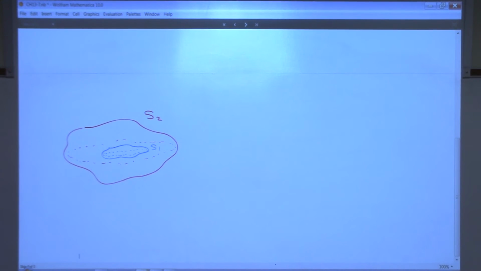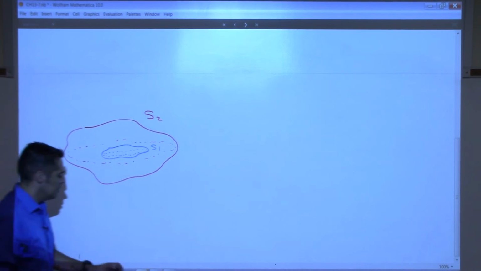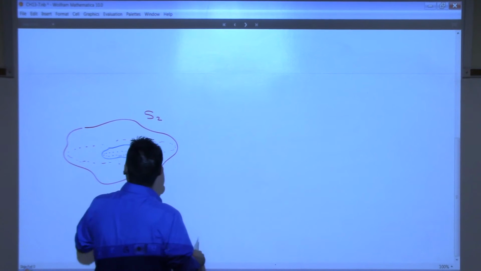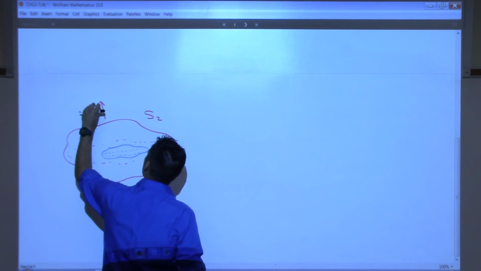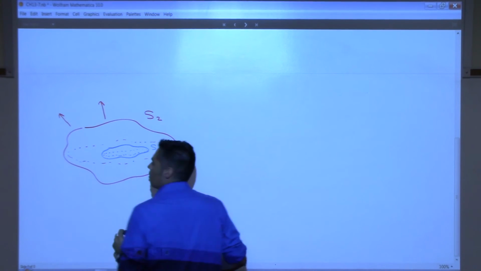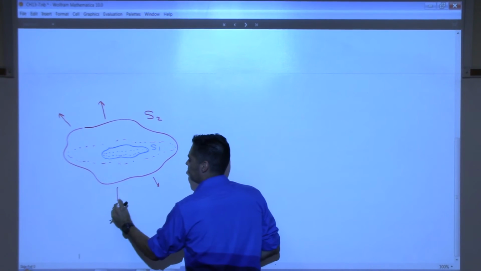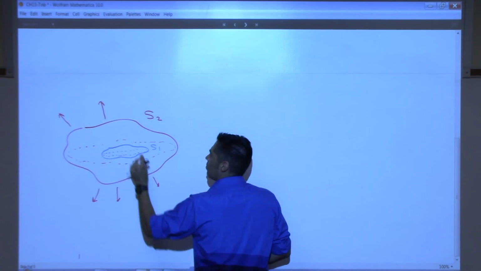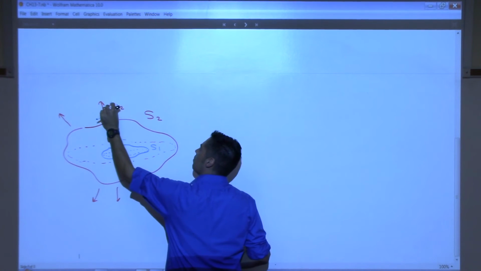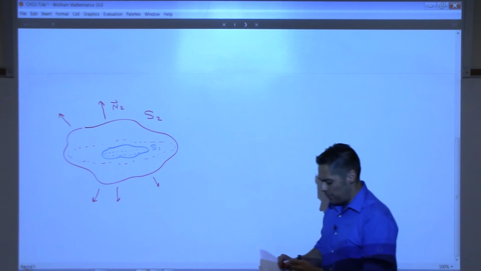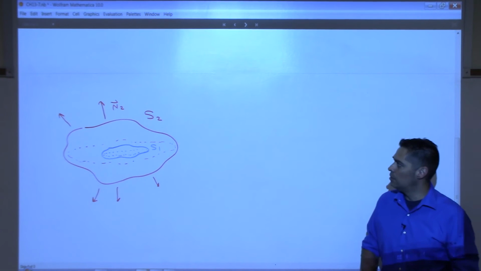All right, so you see the picture? Now, the normal vectors on S2 point outward, like this, away from the solid. That's our standard orientation of the normal vectors of S2. I'm going to call these N sub 2 to stand for the normal vectors for surface 2.